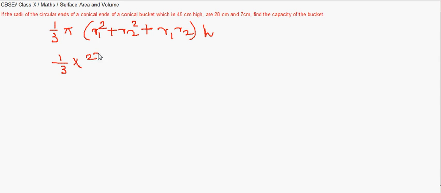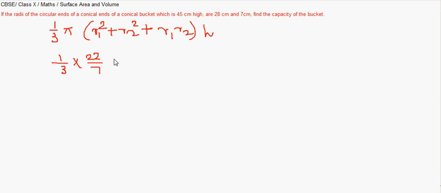That's what we had noted down in the previous page, wherein we said the volume is 1 by 3 pi (R1 square plus R2 square plus R1 R2) h. So we will simply substitute all these values.